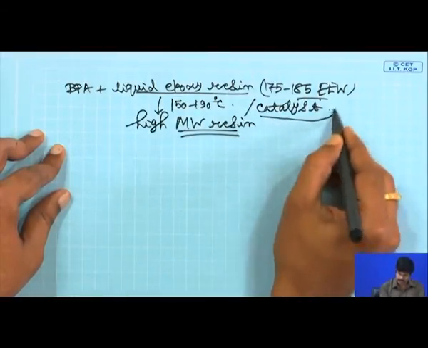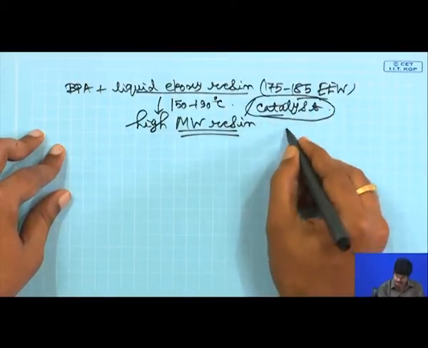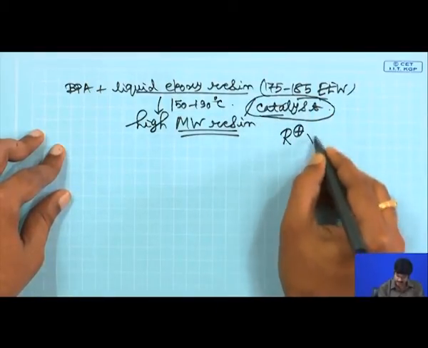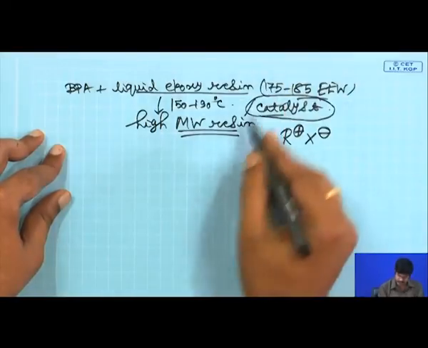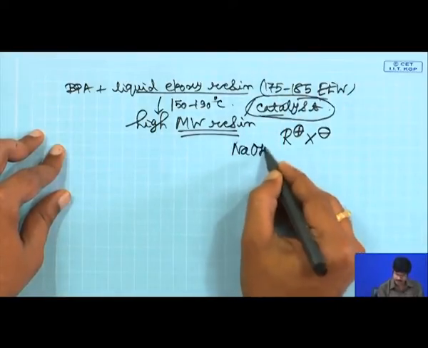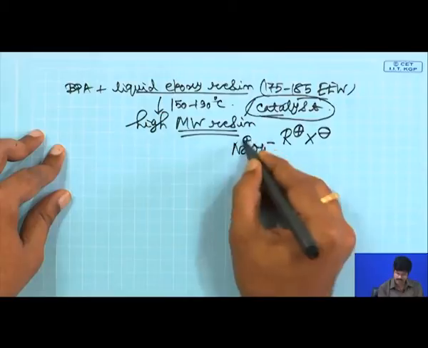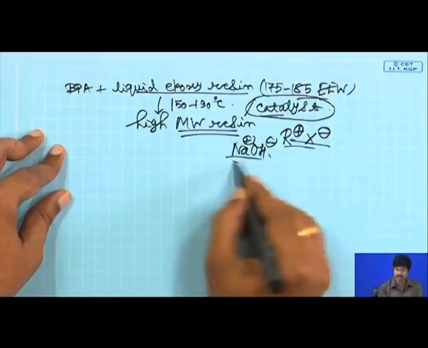Now, the general form of this advancement catalyst is something like this. An example will be again sodium hydroxide, Na plus OH minus. Okay. So, this is the general form like this.